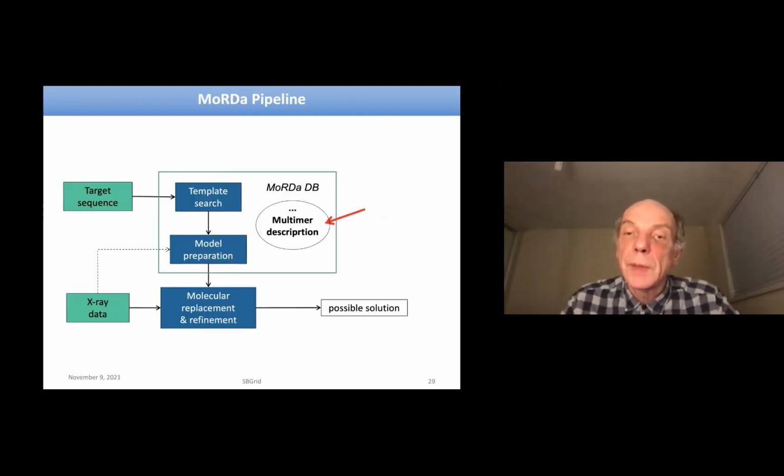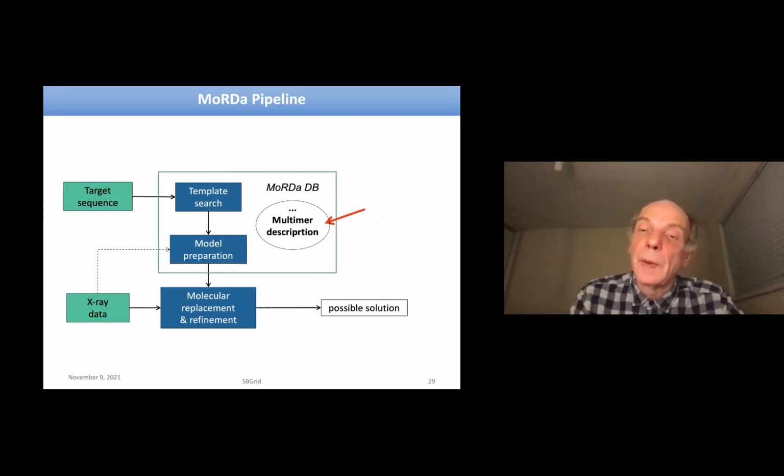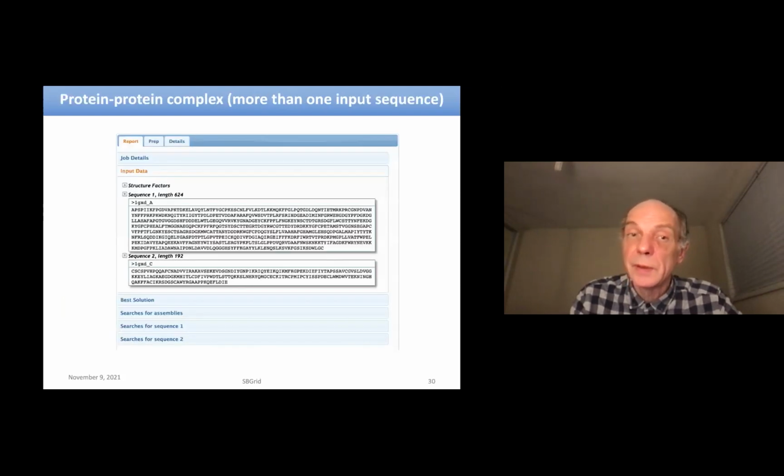We've got, as I mentioned, multimer descriptions in MoRDa DB, but that's one thing, and it's not necessary. In the case of multimers, not only multimers are searched for, but a sequential search for individual chains is performed in parallel with the multimer search.